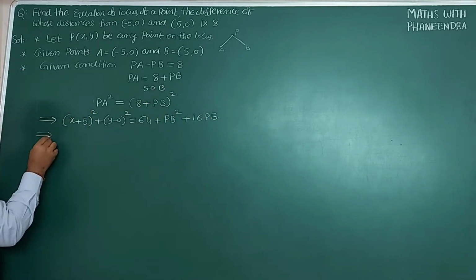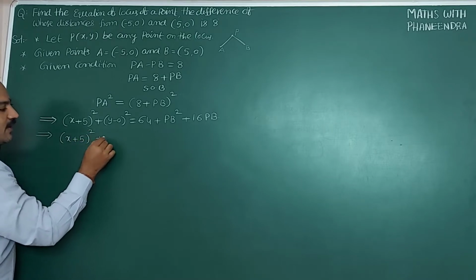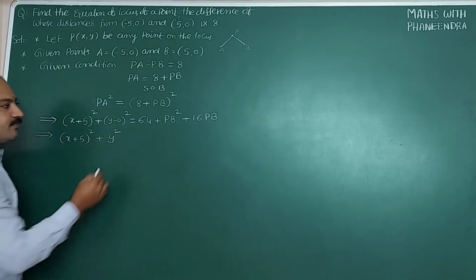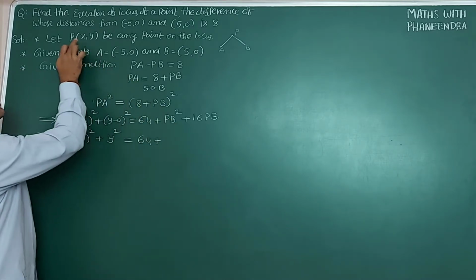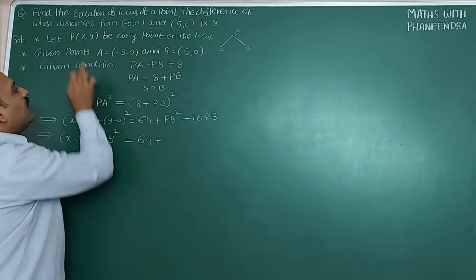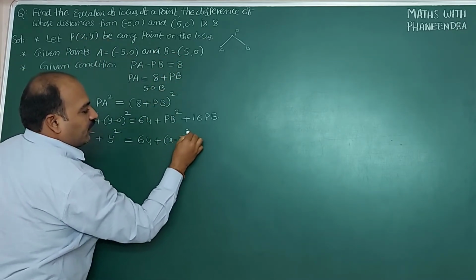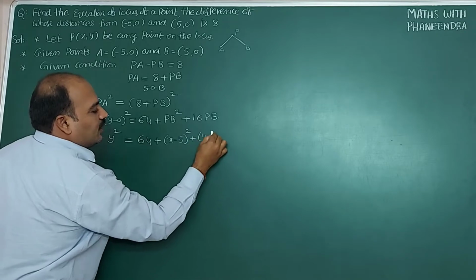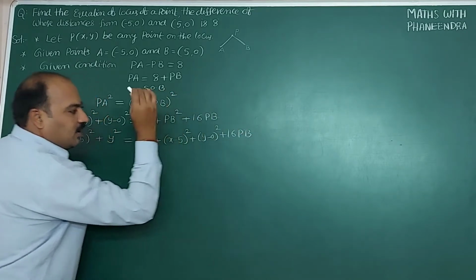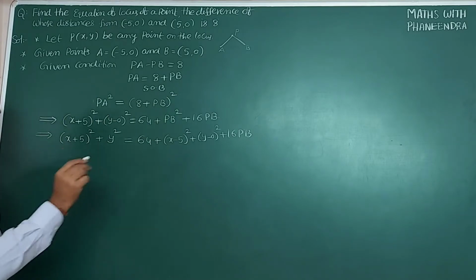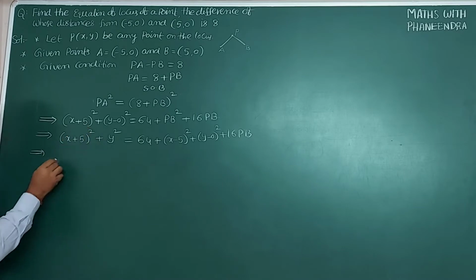So that implies x plus 5 whole square plus y minus 0 whole square, that is y square, is equal to 64 plus PB square, the distance between P point and B point, x minus 5 whole square plus y minus 0 whole square, plus 16 PB. Don't disturb the term 16 PB. Keep it like this only. Don't write the PB distance.